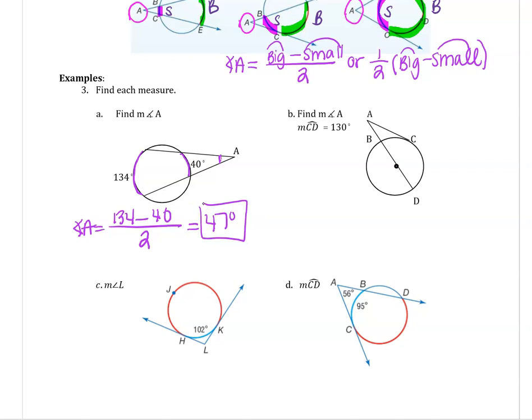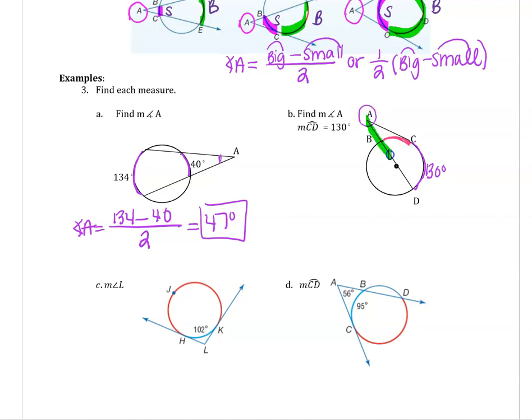Now in the next example, I want the measure of angle A, and I'm telling you the measure of CD is 130. What you're seeing is that you only know the big arc here. So the question is, how much is the small arc? In problems like this, where it's not immediately obvious what the answer is, you're always going to want to look for radii or diameters because that'll tell you where 180 degrees is.